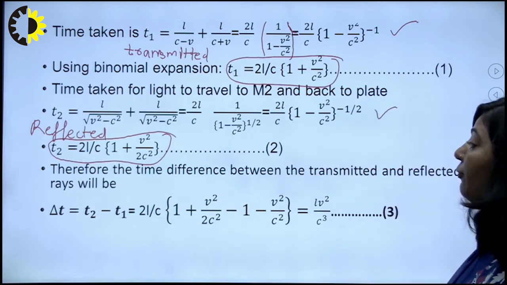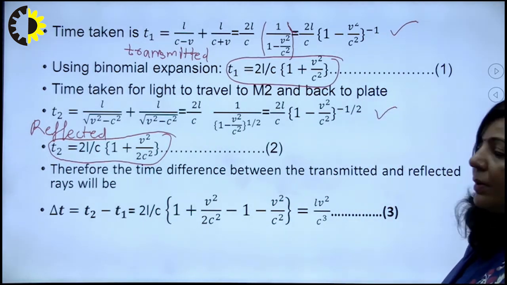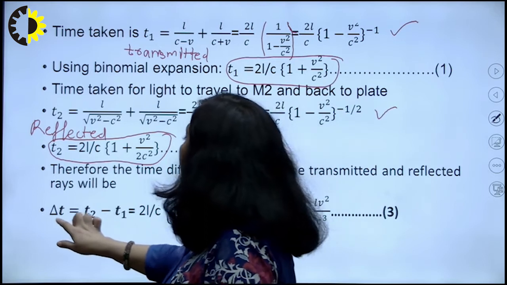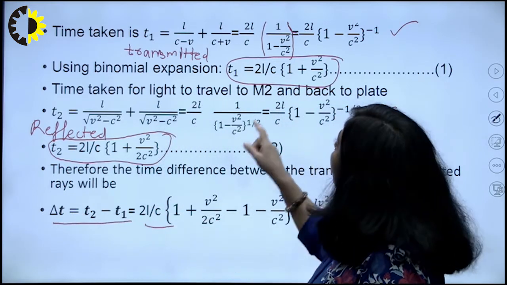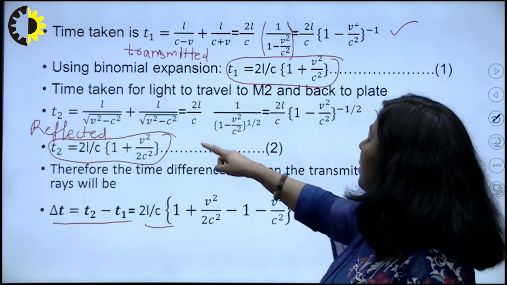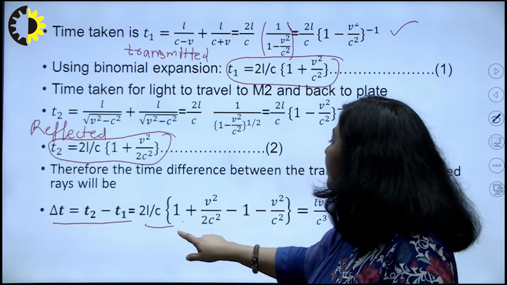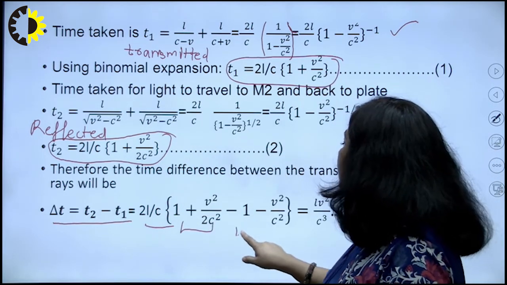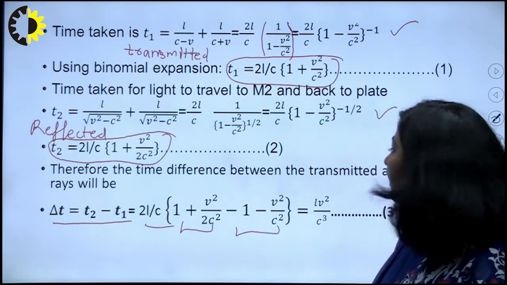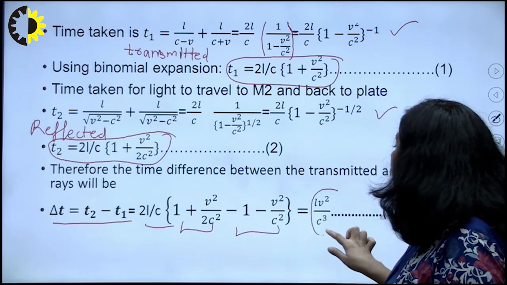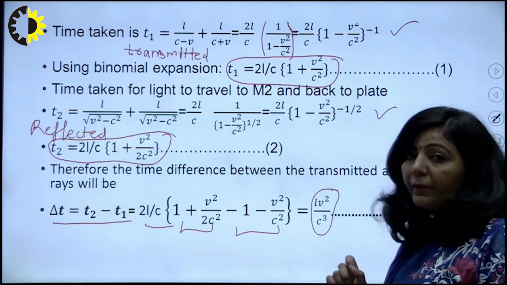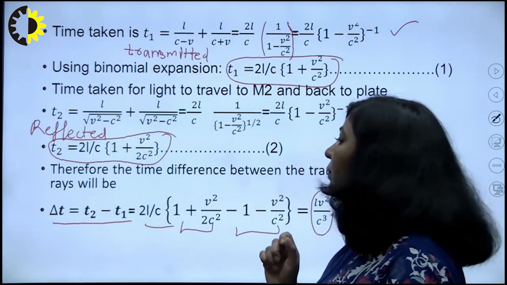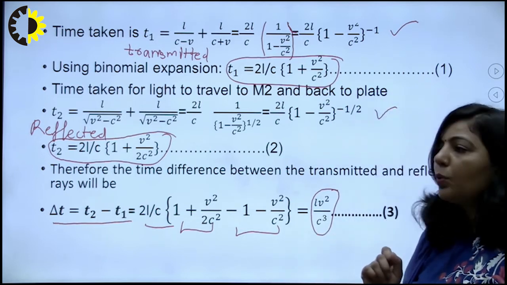And the time difference delta T is equal to 2L by C 1 plus V square upon 2C square, the time for the reflected ray, minus the time of the transmitted ray. So finally you are getting the time difference. The time difference between the two rays is equal to LV square upon C cube.